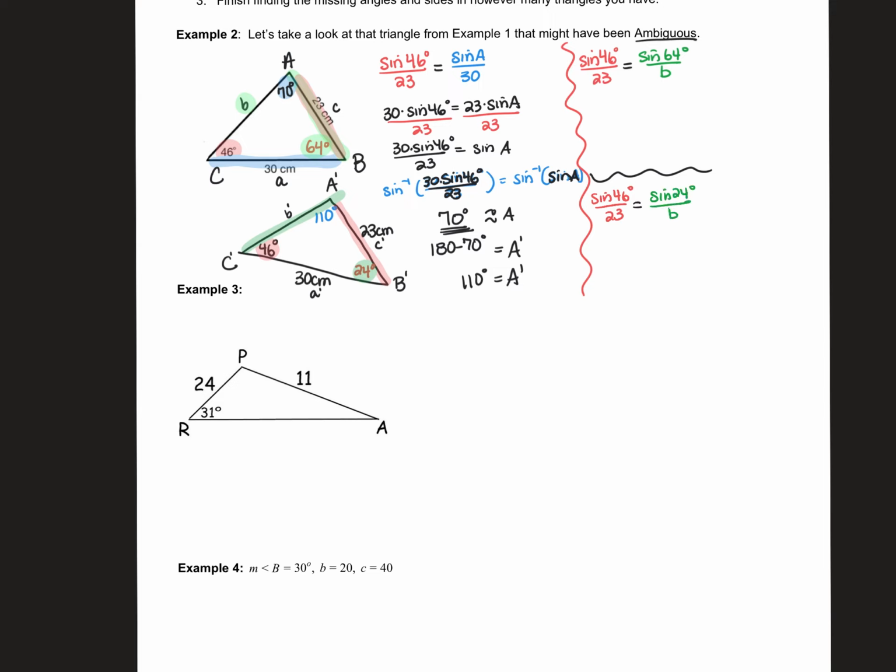Pause the video here, try it out, and see if you can find what b is in both of those triangles. I normally round angles to the nearest whole number and sides to the nearest tenth. What we'll get for little b in the first triangle is approximately 28.7, and little b in the second triangle will be 13.0. If you had trouble getting either one of those, make sure you ask about it in class.